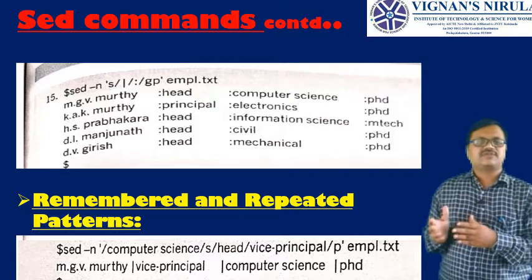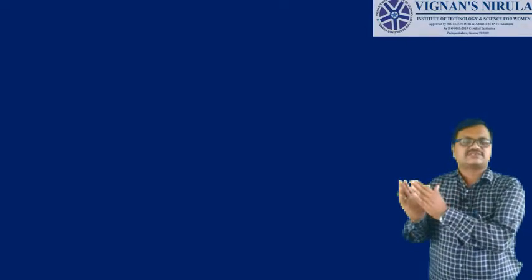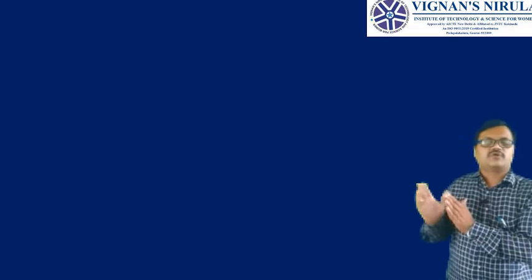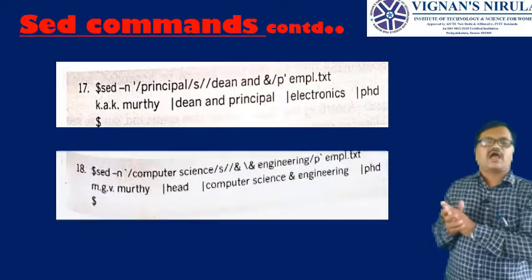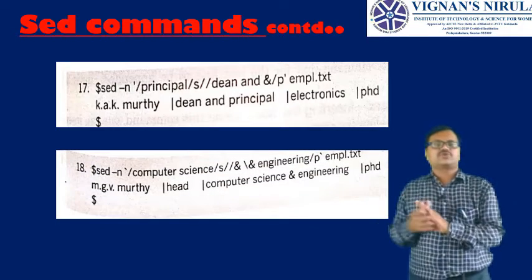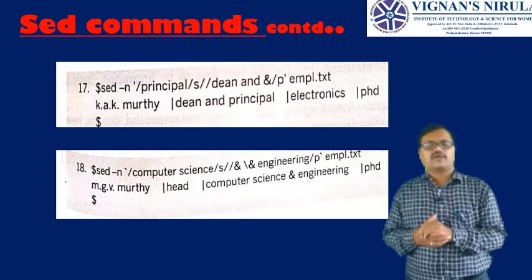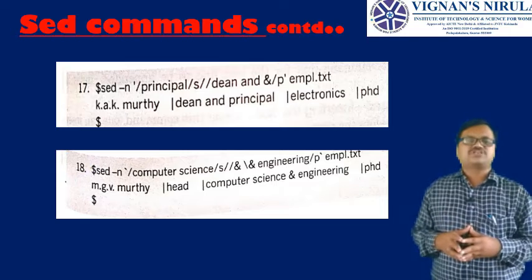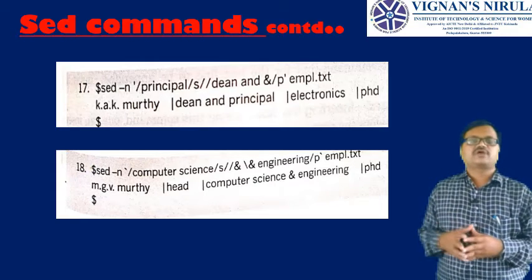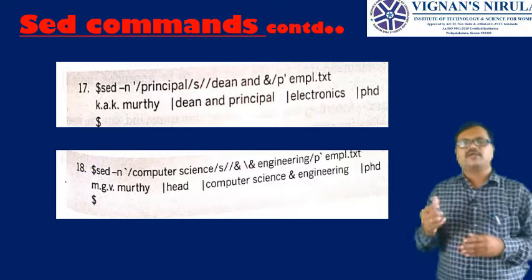After that, space, don't give anything, because you have to remember the computer science again. So give 2 slashes followed by the word which you want to use, that means ampersand and engineering, close quotations, p, and space empl.txt. So now MGV Murthy, head, computer science and engineering, PhD will be displayed.